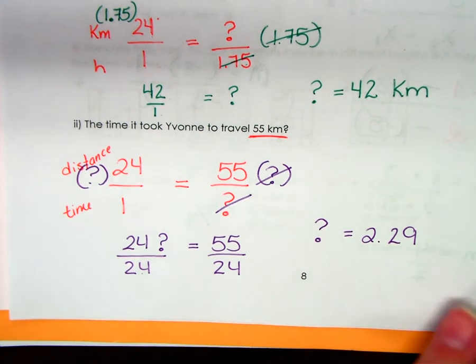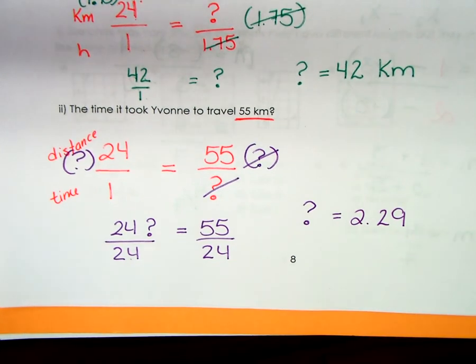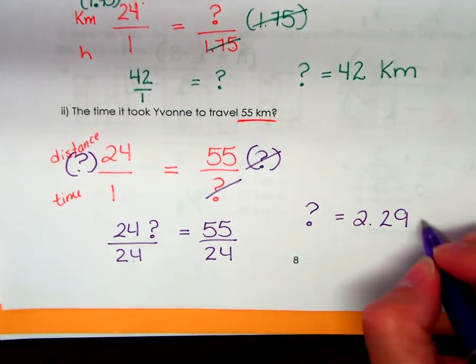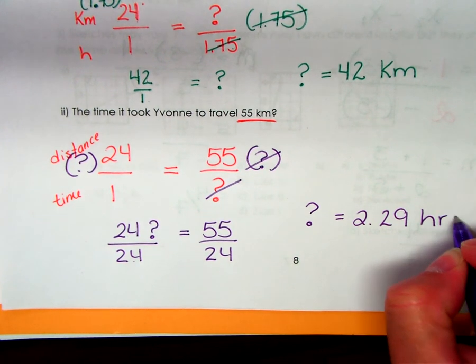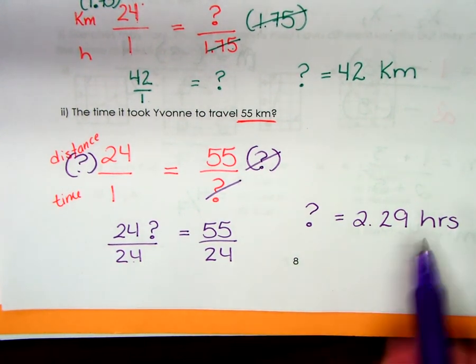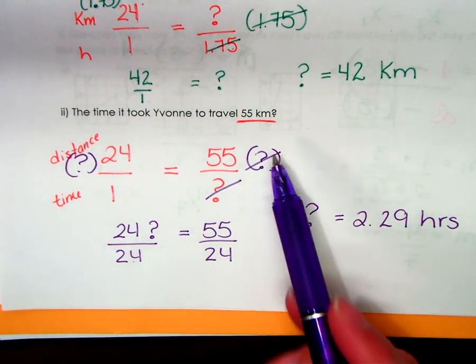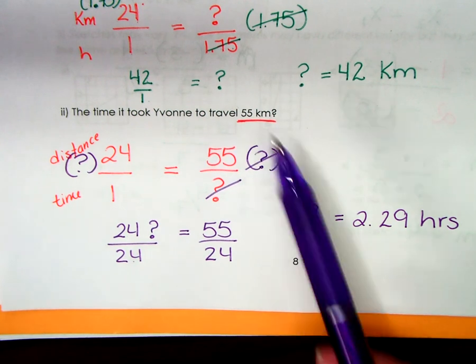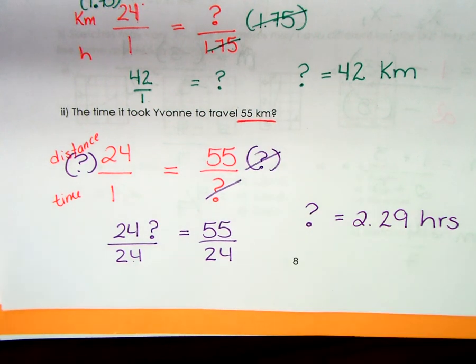And what are my units on this? What was I trying to find? Hours. Yeah, I was trying to find the time it took. So it would take her 2.29 hours to travel 55 kilometers.